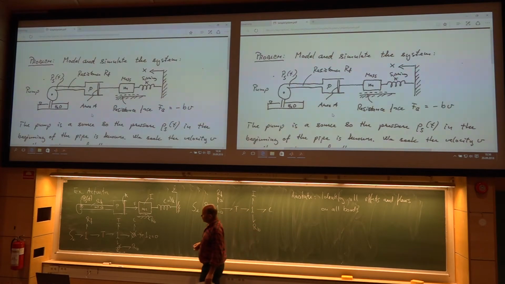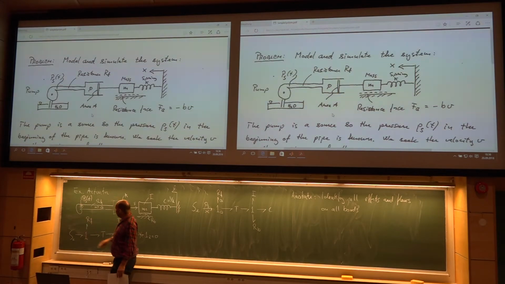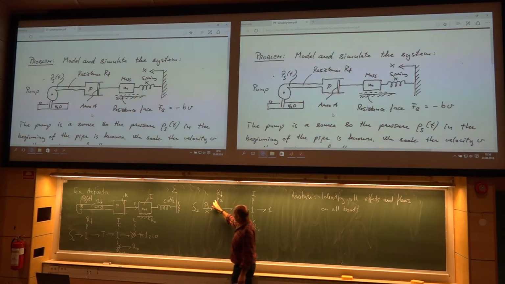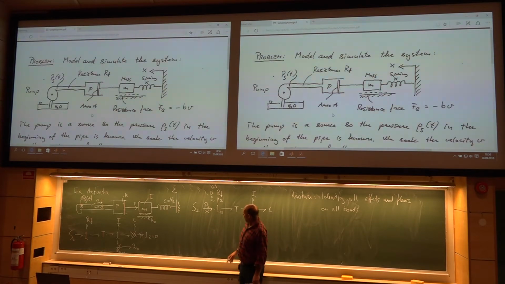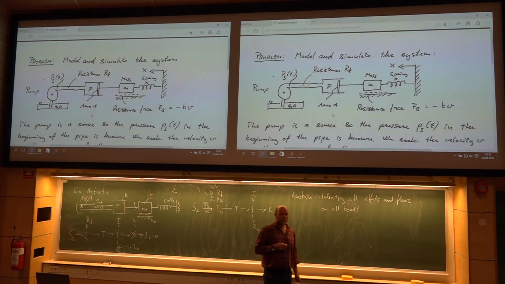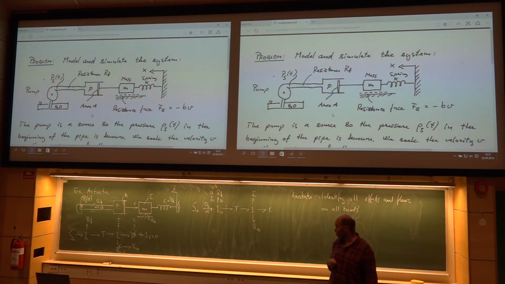Well, assuming this was a linear problem, laminar, then we have a linear connection between the pressure and the flow. So the pressure here, P1, equals the volume flow multiplied with RF, like that. That should be a pressure.